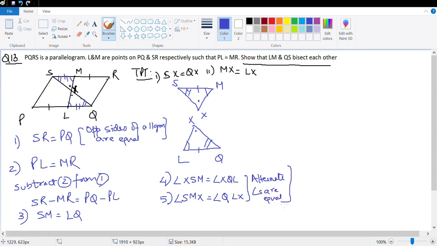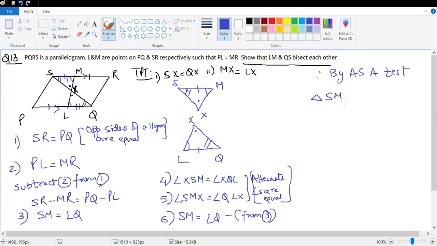These are parallelogram, which means these sides are parallel, which means this acts as a transversal. And number 6, we get SM is equal to LQ. This is from 3.